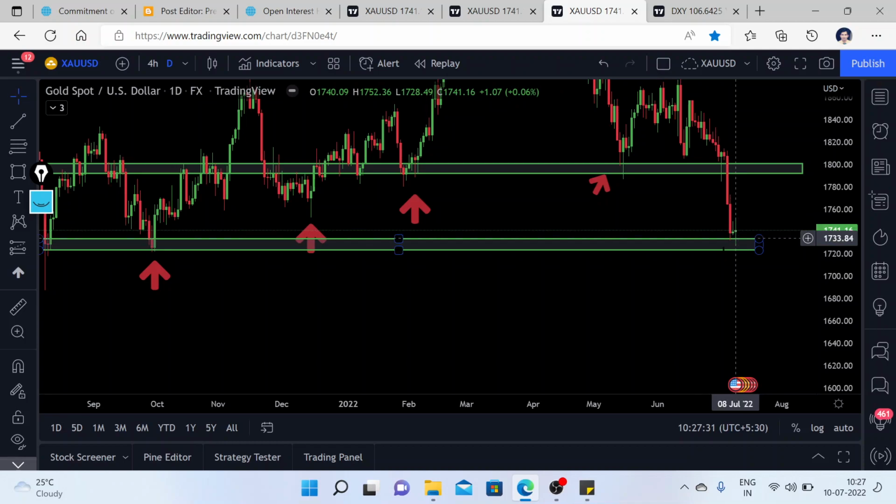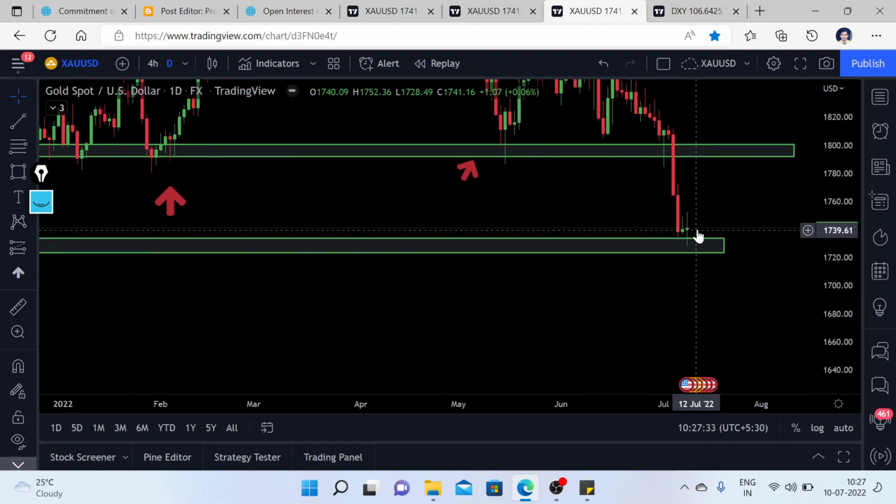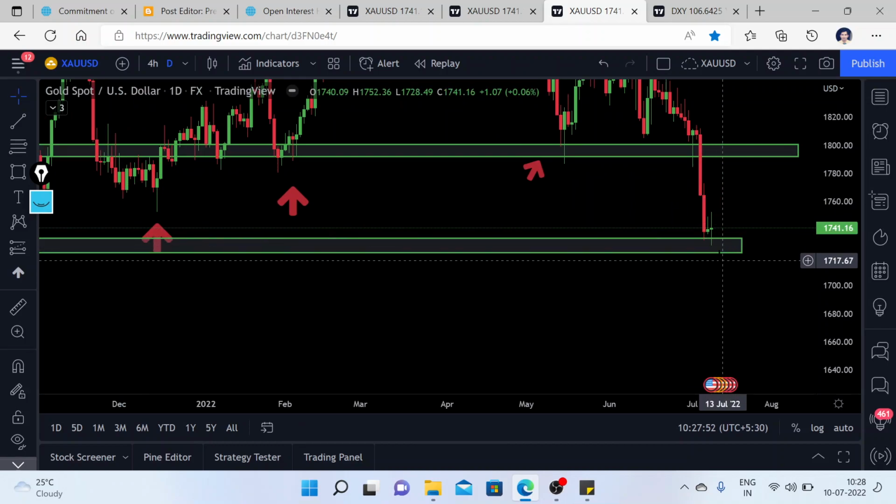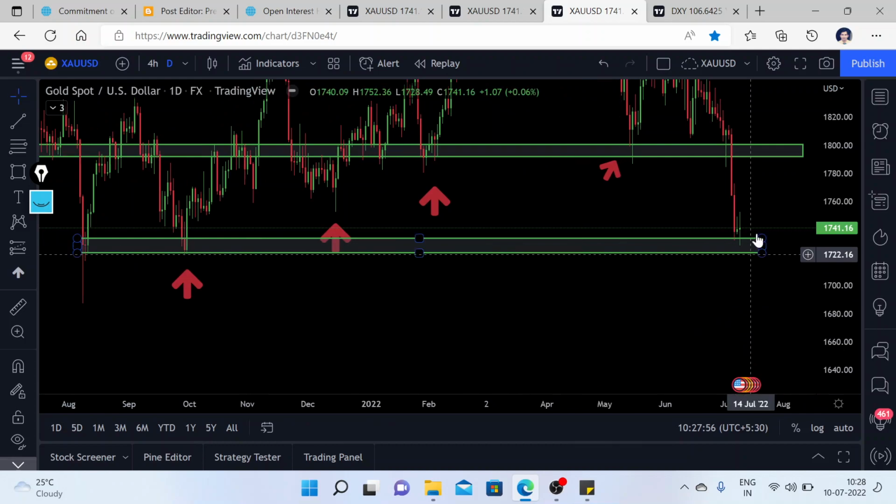So for the current price level, 1728, the level from where the price rejected, is the major intraday support, and for the upside, the level of 1750 is the major resistance. If gold is able to break down this support, then we can expect more decline.